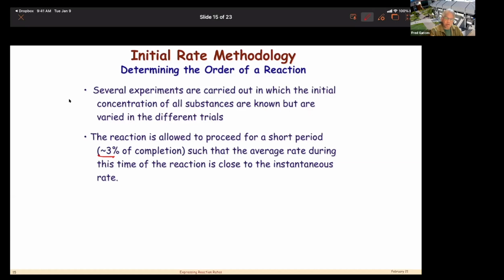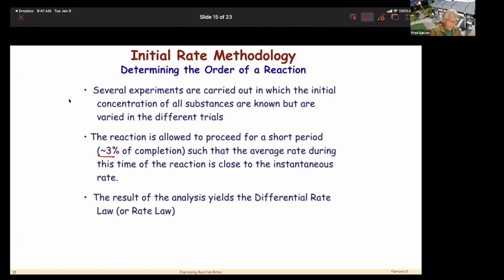You measure the amount of the chemical that is decreasing within that time lapse, and then you could establish the speed of the reaction.